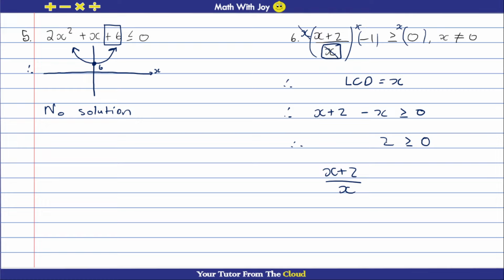Then we take that minus 1 over to the other side. We get positive 1. And from here, we can just cross multiply. We get x plus 2 bigger than or equal to actually x. And these guys will actually cancel out. So I'm going to say no solution here as well. No solution. So we can't solve the quadratic inequality, which clearly looks like a linear inequality. All right, so probably we needed to rewrite this sum, but that's it for this video, guys. I will see you in the next one.